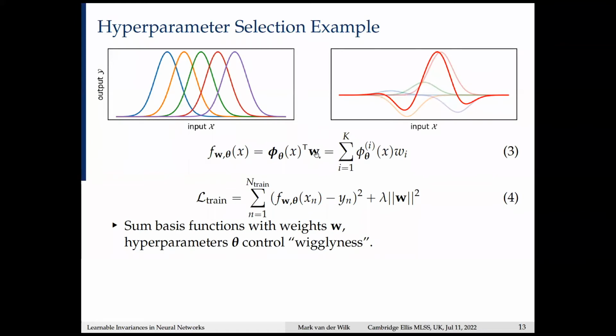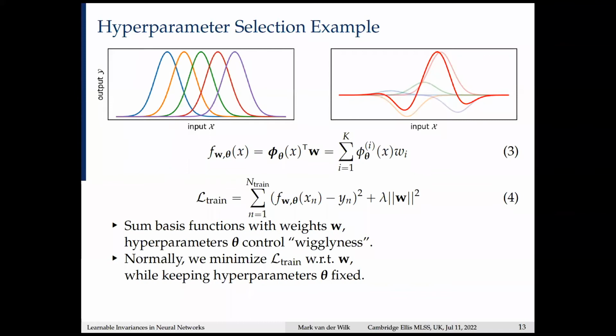And the hyperparameter, which controls the inductive bias, is the width of these basis functions. If we make the width shorter, the inductive bias will be that it's more wiggly. Whereas if we make these basis functions larger, the inductive bias will be that it's a more smooth function. Now, we want to find both the weights and these hyperparameters, which control the wiggliness.